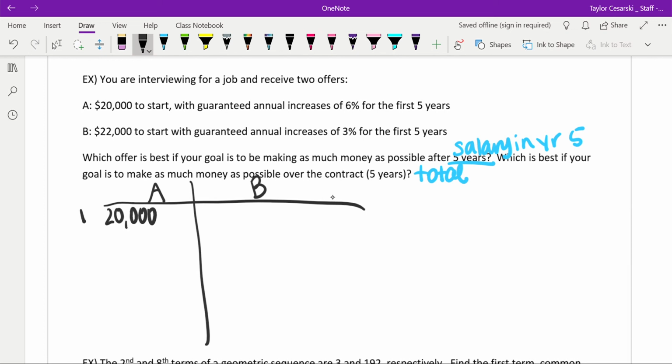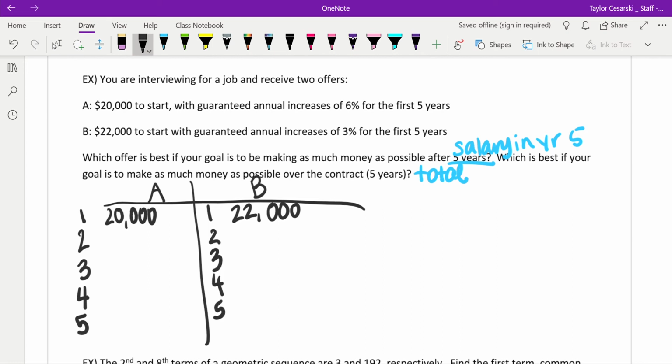And so year 1, you're making 22,000 and you're making 20,000. So that's how much you make for year 1. Okay, so then for year 2, year 3, year 4, and year 5.